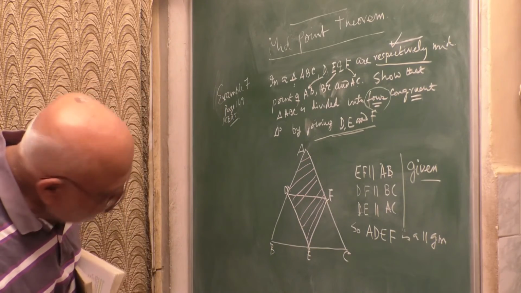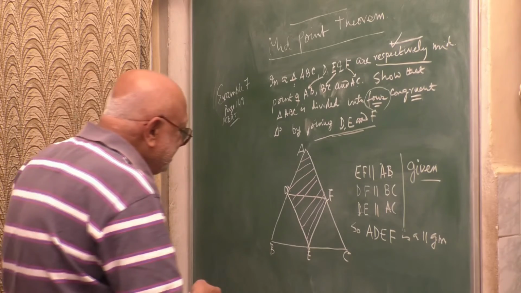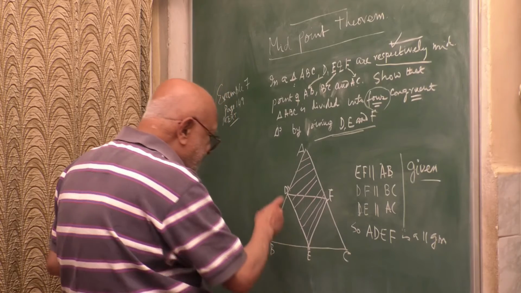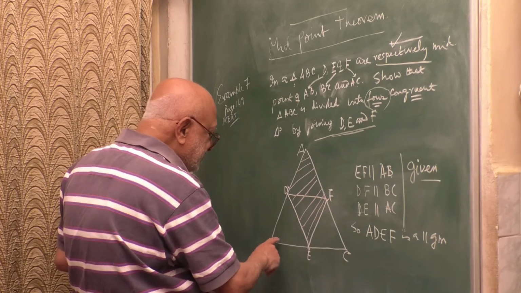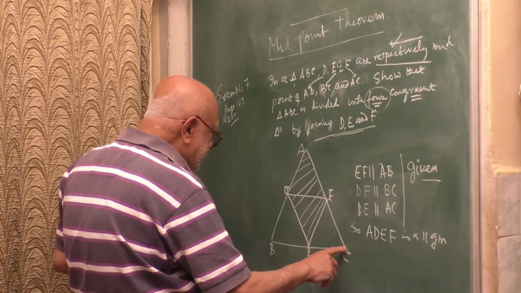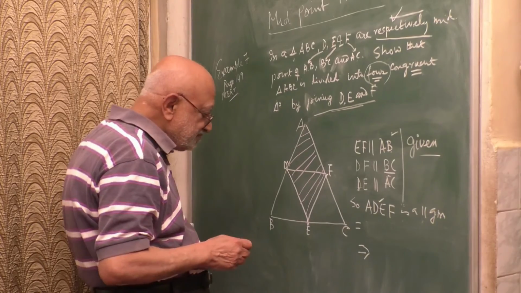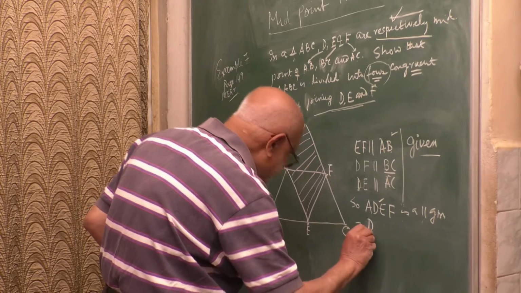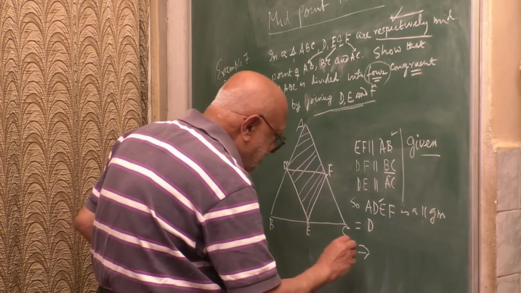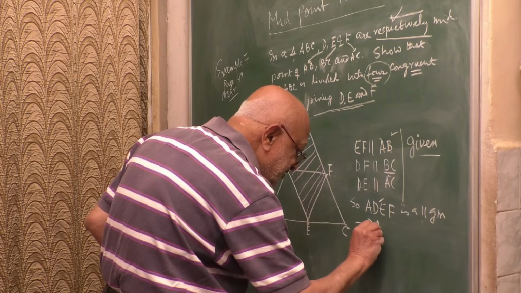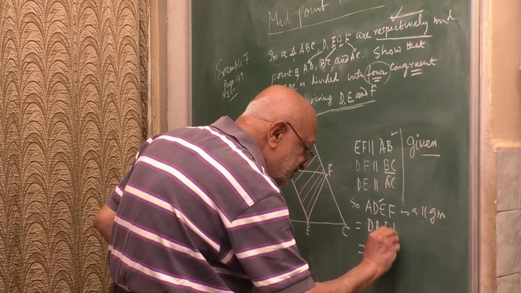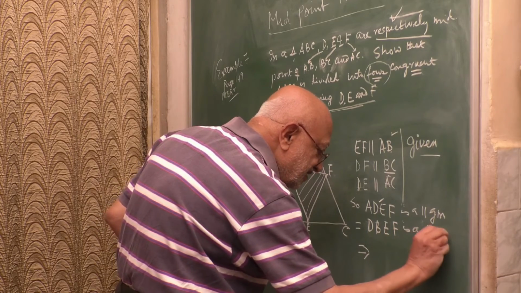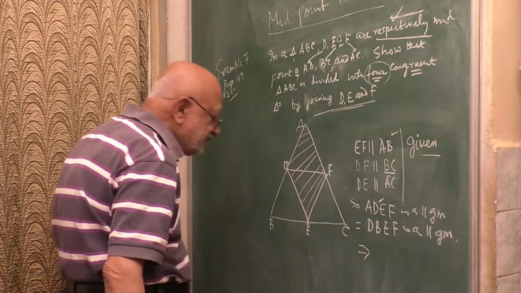Okay, now again you can see that because DF is parallel to this, then what you can say, DBEF is a parallelogram.